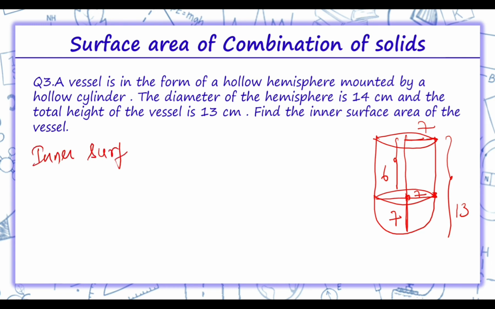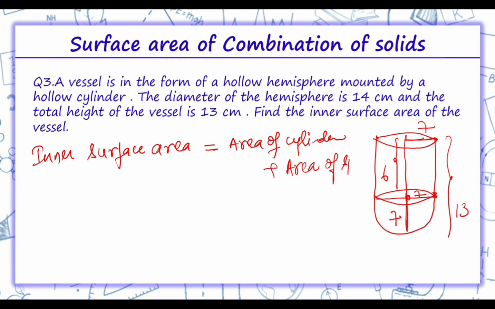Inner surface area is area of cylinder plus area of hemisphere. So cylinder area is 2 pi rh plus 2 pi r square. Since r is same, so we'll take 2 pi r common.